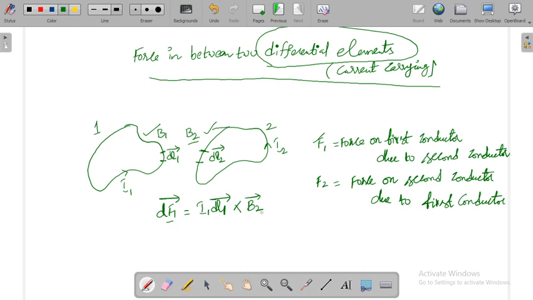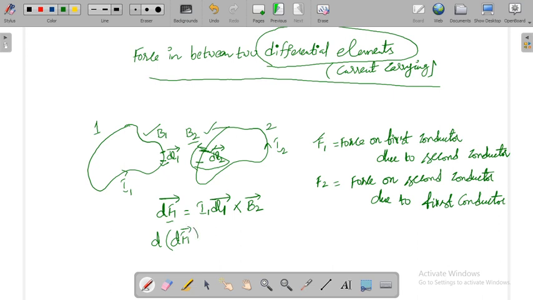This is the differential amount of force, but we want to find the force due to only this small element on this element. So I don't want to know the entire field. Due to this small second element, you will have again the differential field. So I am writing this as d of df1 bar.